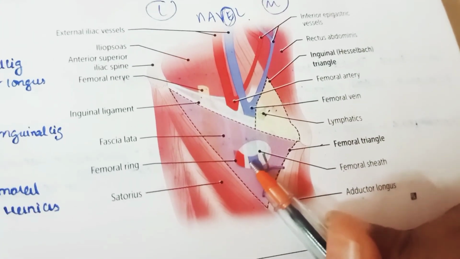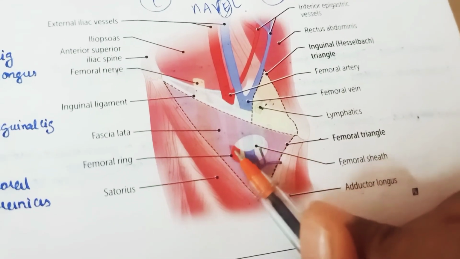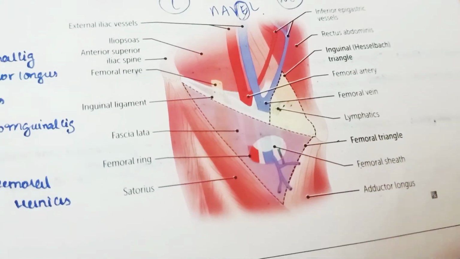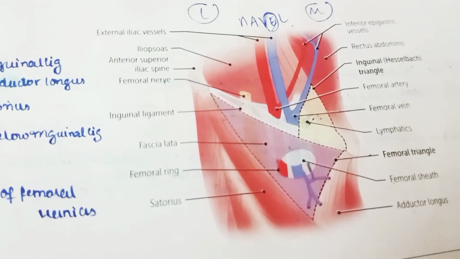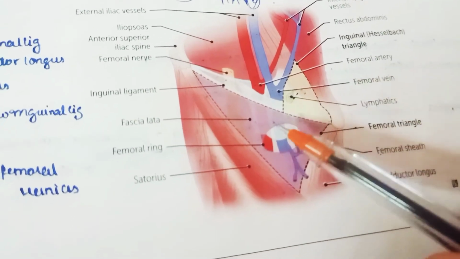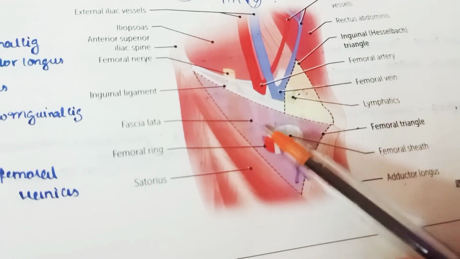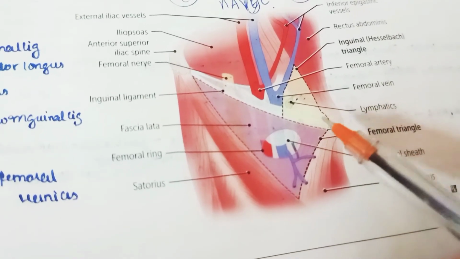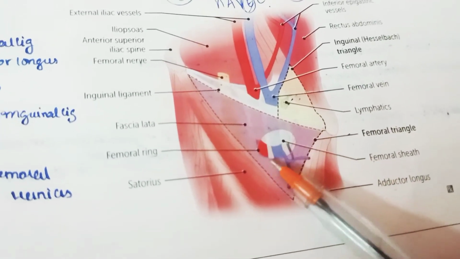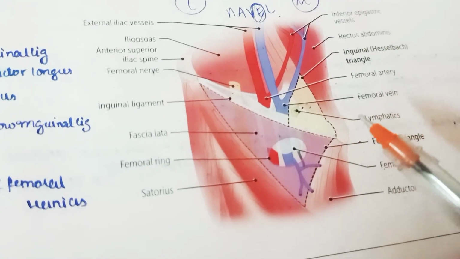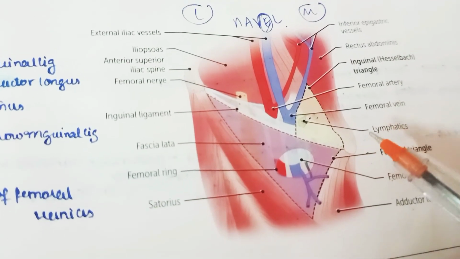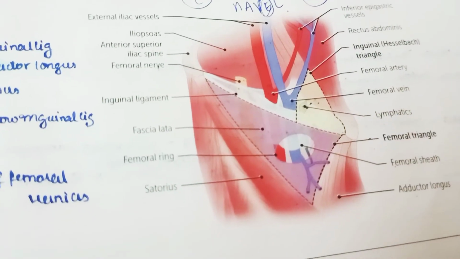There is a femoral ring, you can see this ring structure, which is a site for femoral hernia, as abdominal contents may pass through this ring if a hernia forms. The femoral sheath is a fascial tube 3 to 4 cm below the inguinal ligament, and it contains the femoral vein, artery, and deep inguinal lymph nodes, and also the canal, but no femoral nerve.